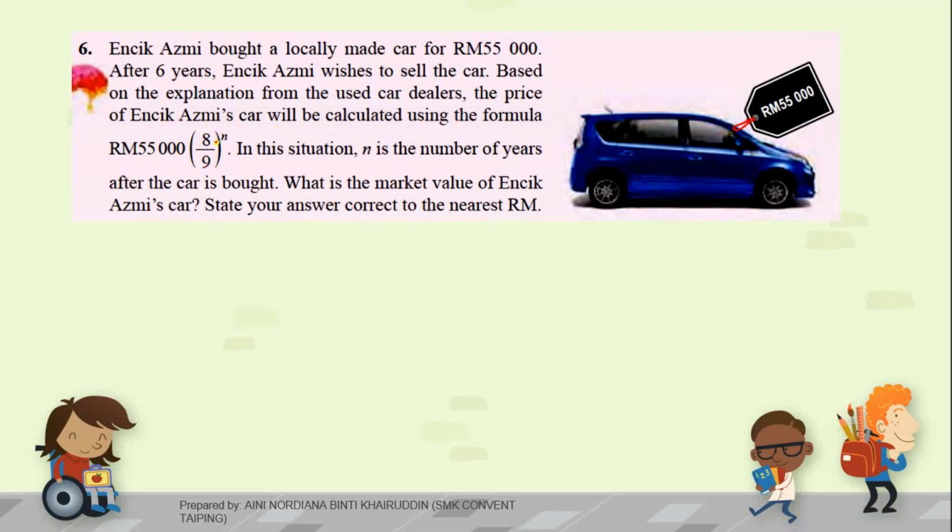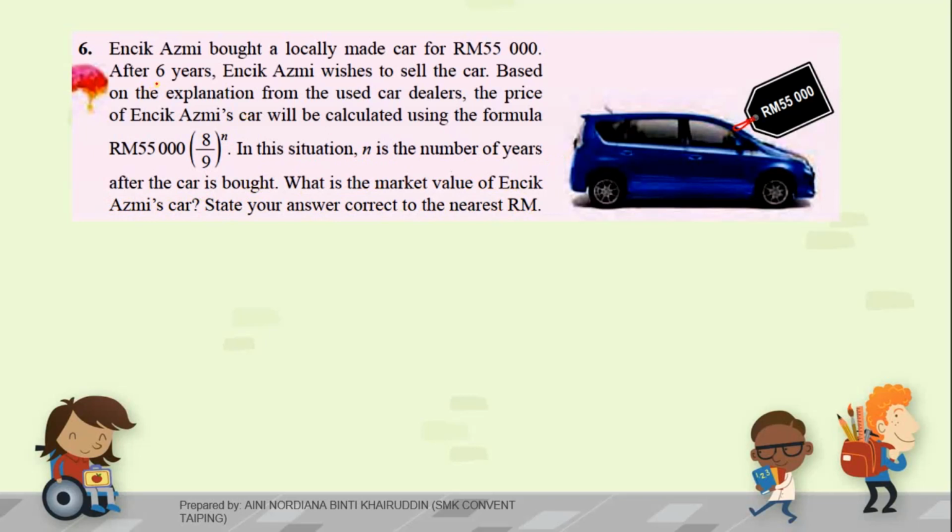In this situation, n is the number of years after the car is bought. What is the market value of Encik Azmi's car? State your answer correct to the nearest RM.